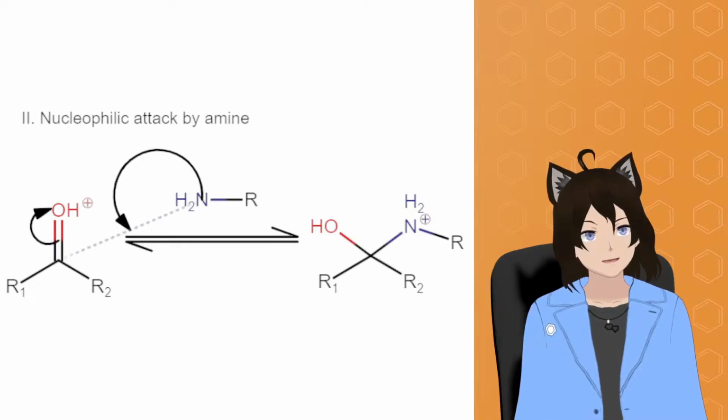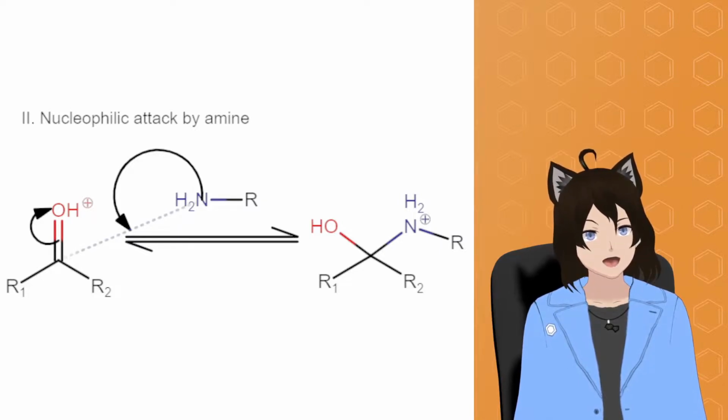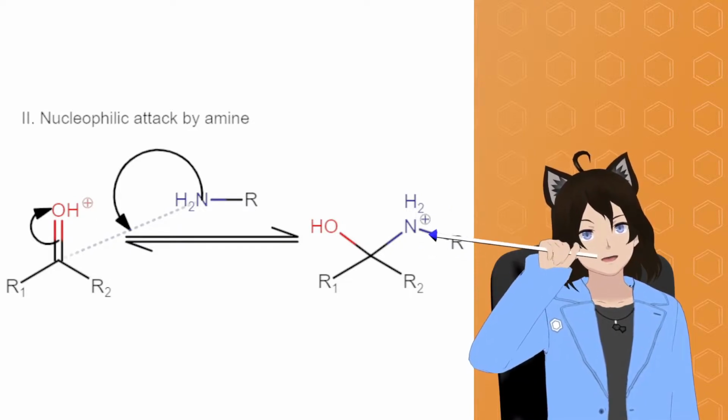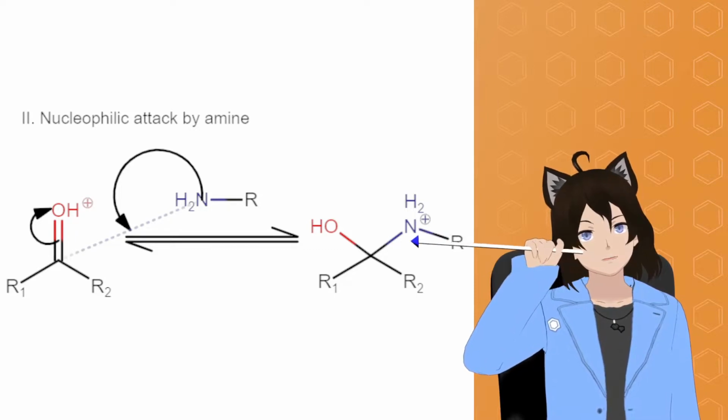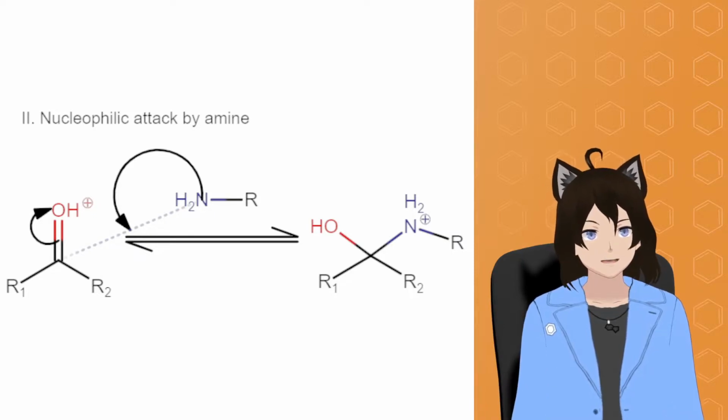The next step is similar to the first step of the last mechanism we just saw for the uncatalyzed reaction, except instead of the starting stock being a ketone, it's the oxocarbenium ion, which is much more electrophilic than a carbonyl, unprotonated. So it is easily attacked by the amine, which opens the double bond, forming this intermediate compound here. The oxygen is charge neutral as a hydroxyl, while the nitrogen is protonated as an ammonium compound.